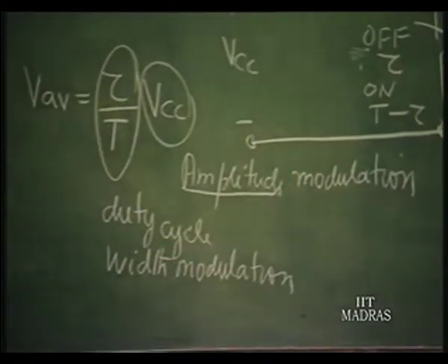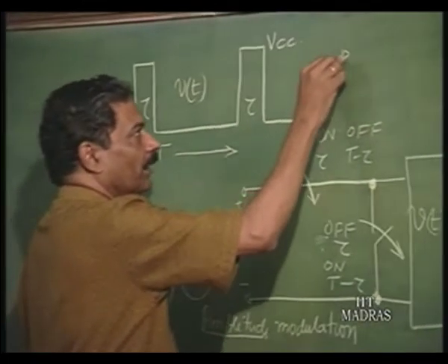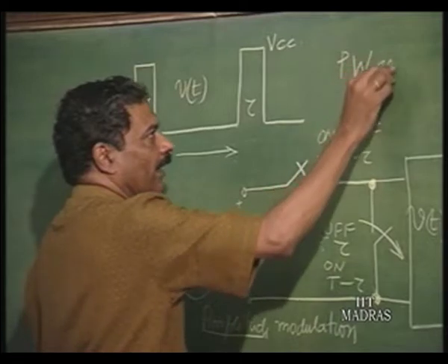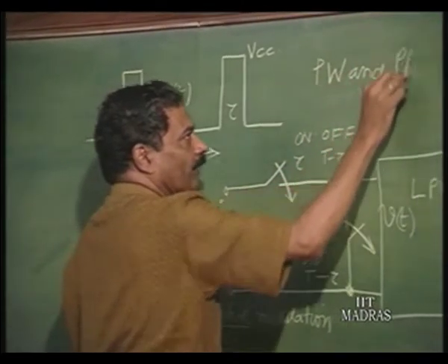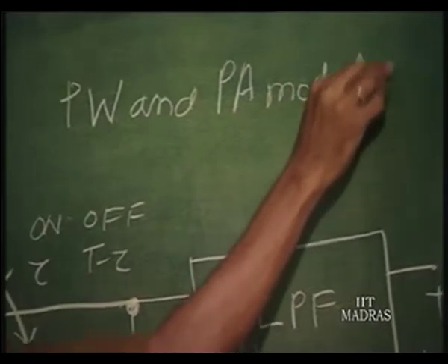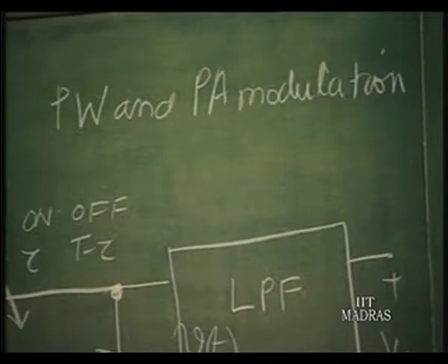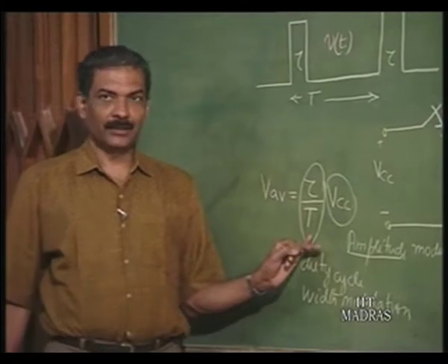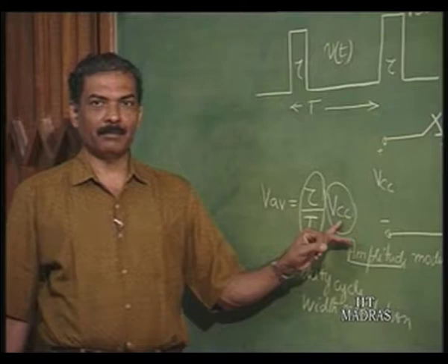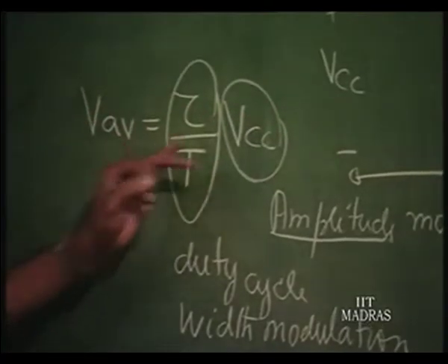So, this scheme of things is really speaking called pulse width and pulse amplitude modulation. This is a type of multiplier where width of the pulse is getting multiplied by amplitude. The average of this corresponds to this.